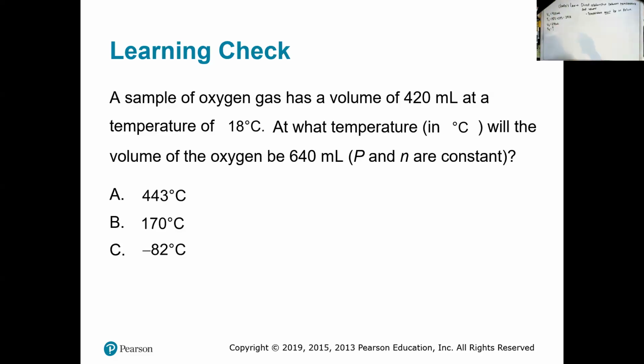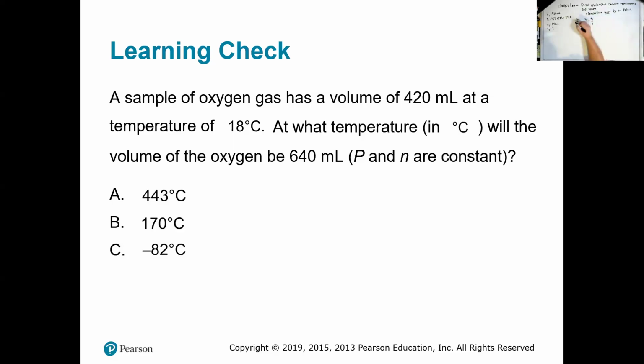Okay. So we're going to work through that process that we did before, where we start out with V1 over T1 equals V2 over T2. And we're going to isolate our T2 variable. So again, first step, getting this out of our denominator.